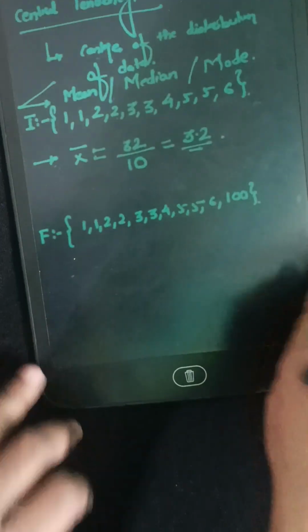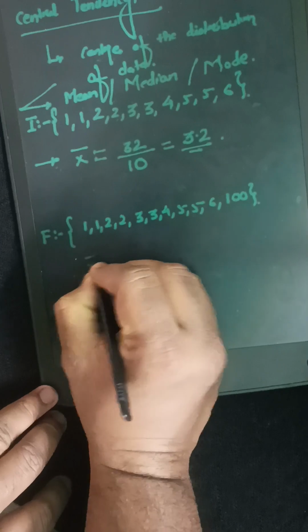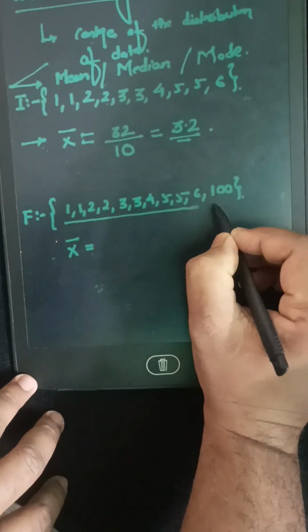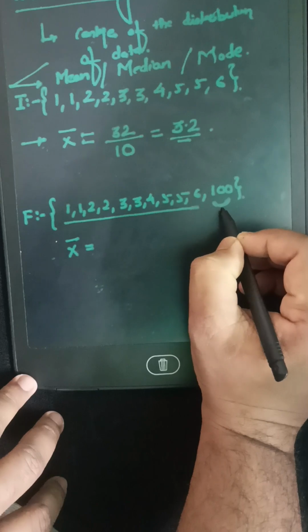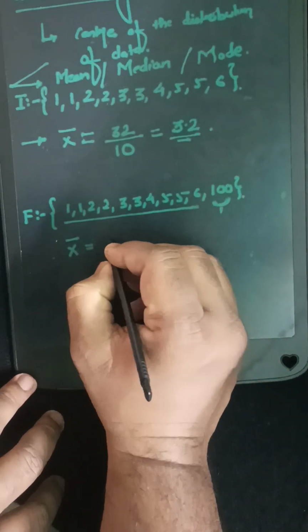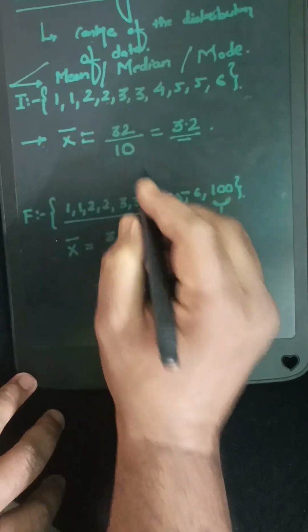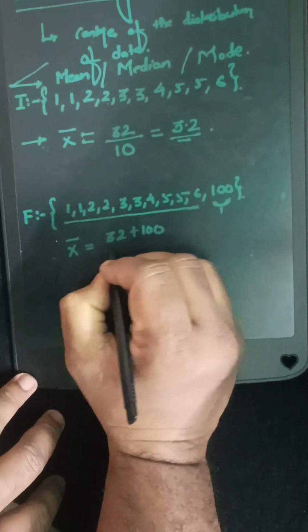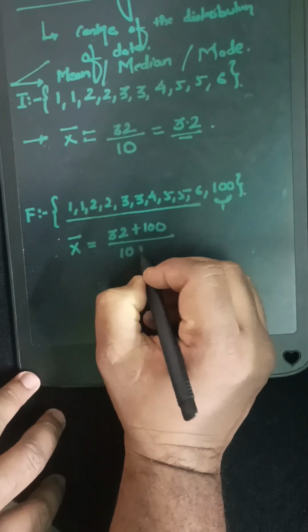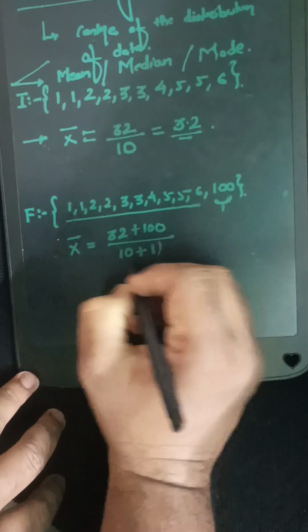Now let's find the mean in the other case. We have the identical data set, but with another element at the end, that is 100. So we had 32 previously plus 100, divided by 11, since 10 was the previous count and we have one more.